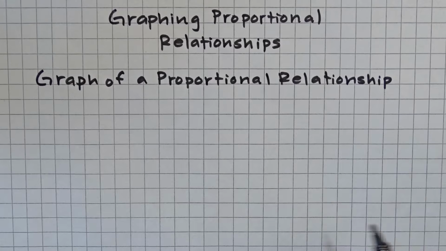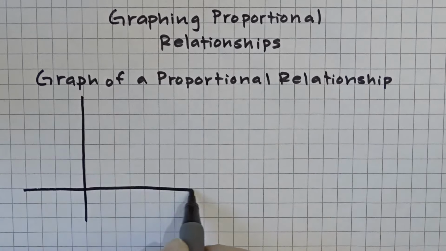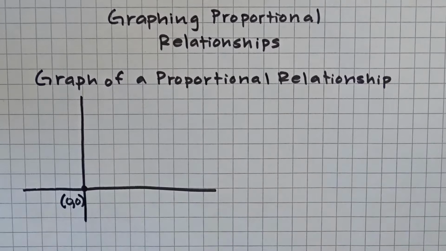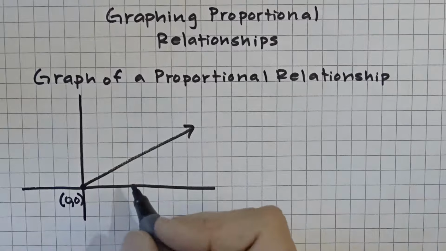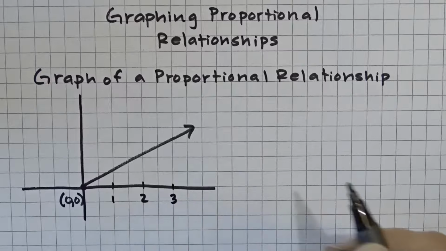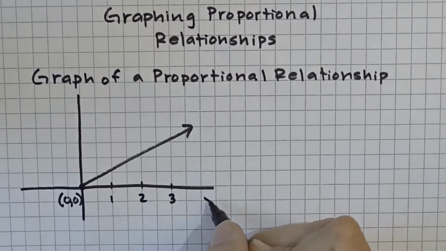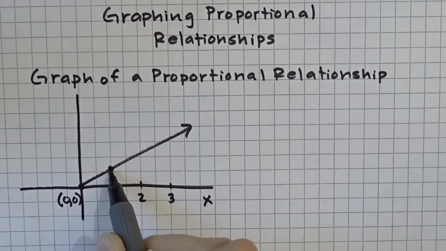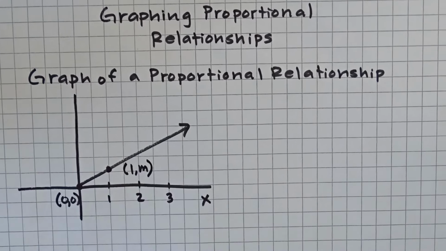So the graph of a proportional relationship will start at the origin, and it will be a straight line. One of the characteristics is, if you notice on your independent variable, this point here would be 1, comma, whatever your slope is.